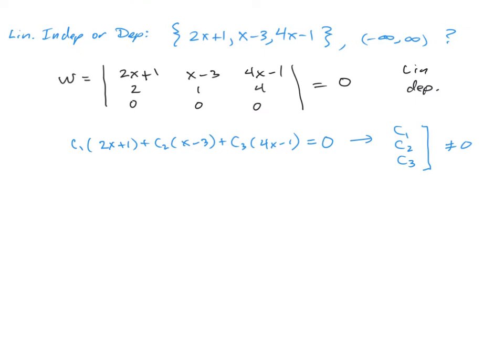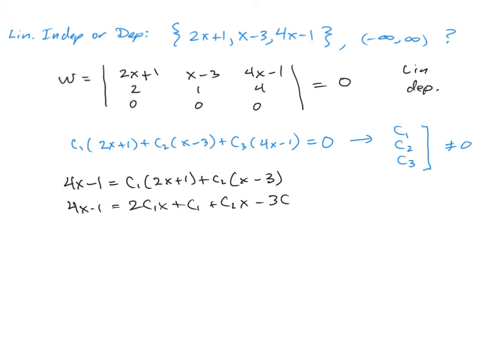In other words, I want to take my 4x minus 1 and express it as a combination of C1 times 2x plus 1 plus C2 times x minus 3. And to do this, we can just multiply everything out. And then we can compare terms and compare powers so that we can see whether or not what matches up.